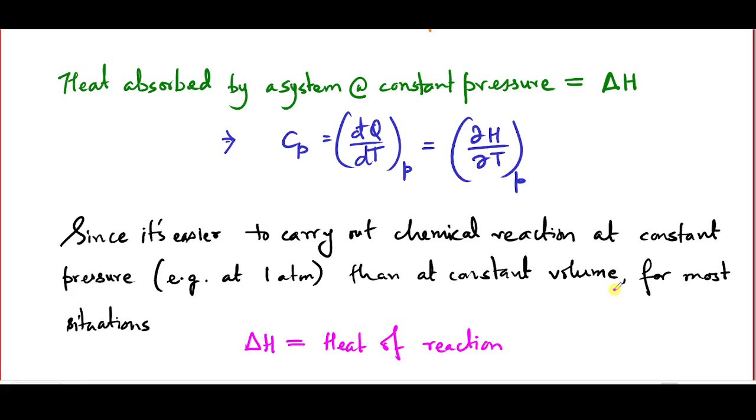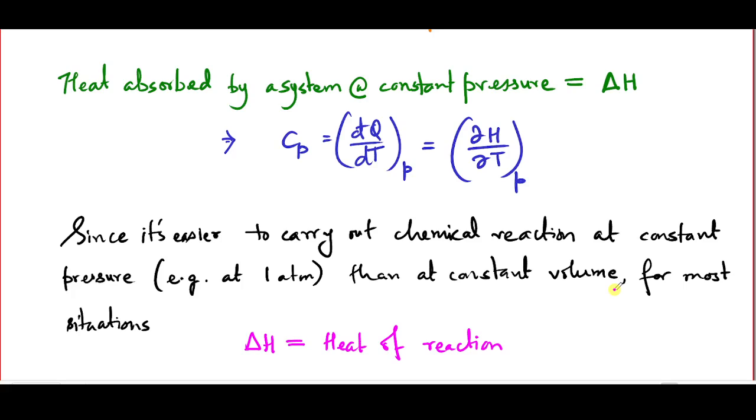Constant volume would require you to have a container which does not expand or contract as the reaction is taking place, but that would actually put huge amount of mechanical stress on the material of that container, and frankly, all containers do expand or shrink as the temperature of the substances inside would change because of the chemical reaction taking place.